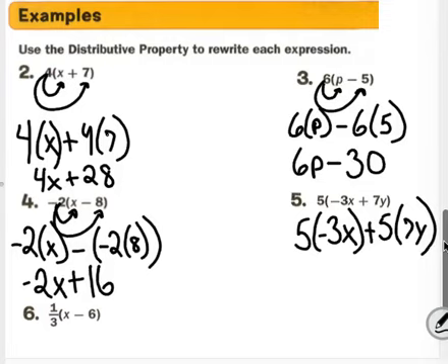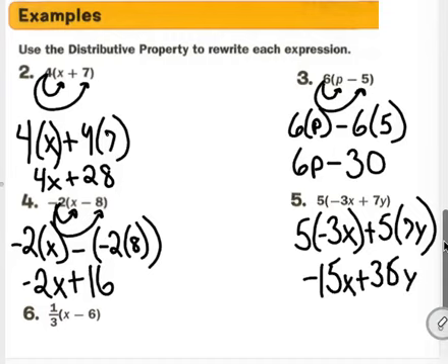So I can do 5 times the number in front of that variable, 5 times negative 3. That gives me negative 15x. And then I can add that to 5 times 7, which is 35y.